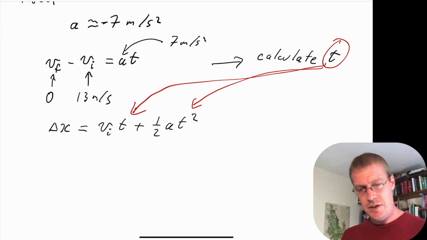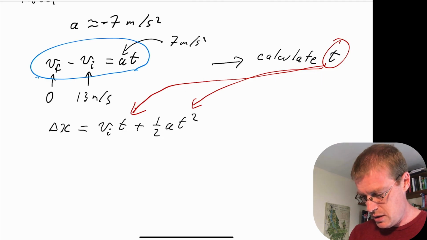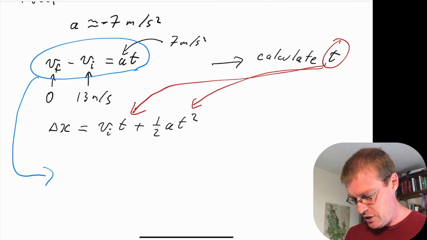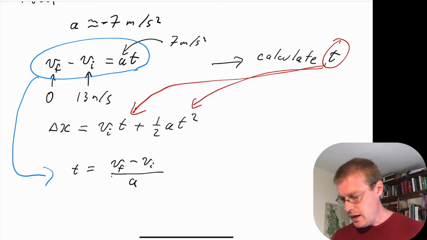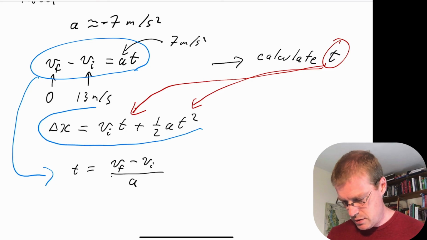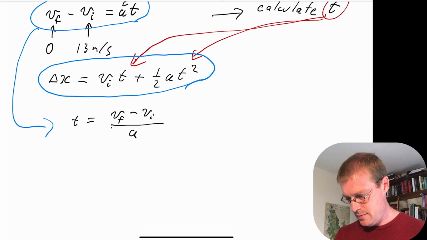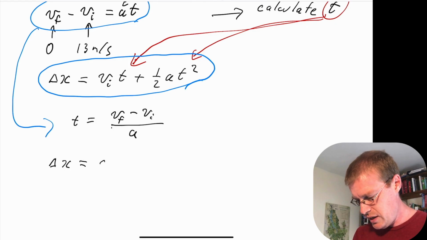All right, so we start by solving this equation algebraically for time, which gives time equals Vf minus Vi over A. And then we substitute that into this equation. So we get delta x equals Vi.